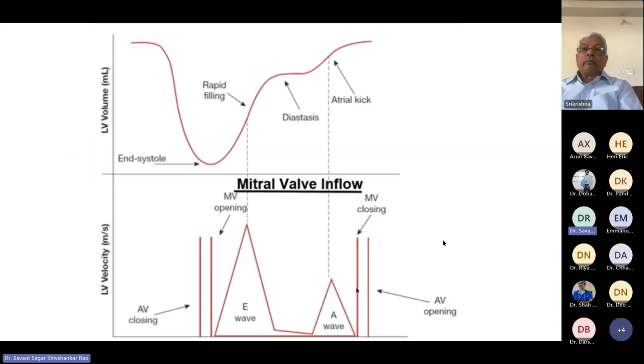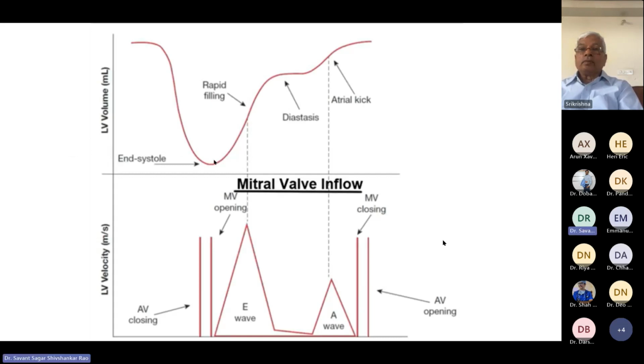Coming to diastolic function, this is assessed by using pulse wave Doppler mainly at the mitral inflow or the tricuspid inflow level. We usually use mitral inflow patterns. Before that, we can understand diastole.